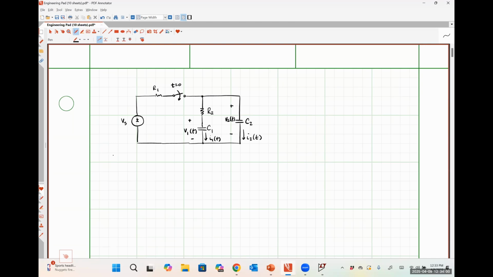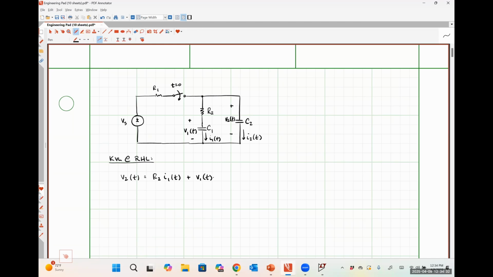So if we were to apply Kirchhoff's voltage law around our right-hand loop here, I think we could easily see that V2 of t is going to be equal to just the voltage drop across R2, so that's R2 times I1, plus the voltage drop across that capacitor C1, which I have as V1 of t.